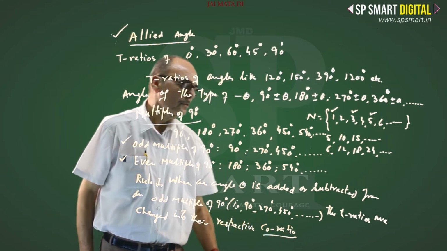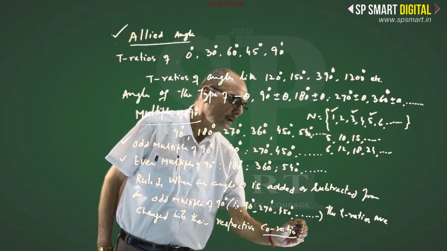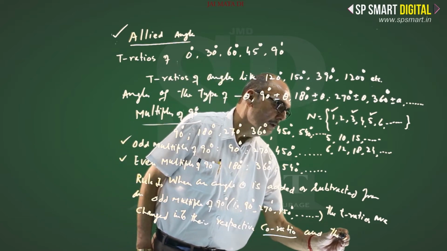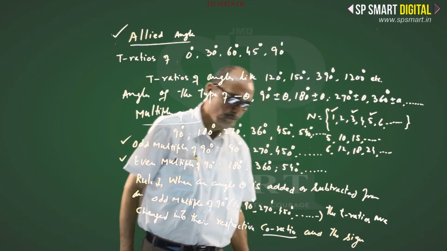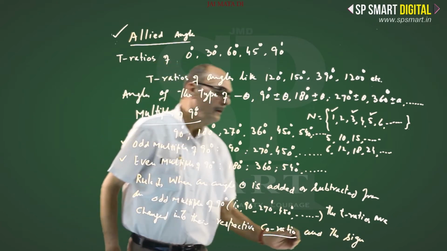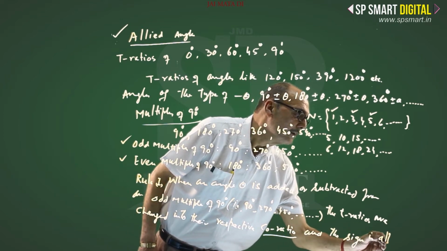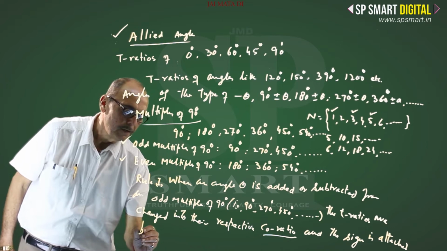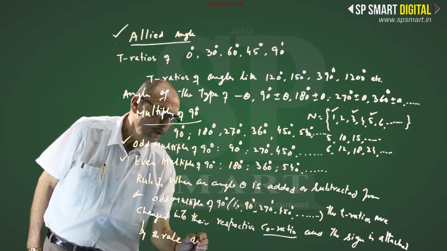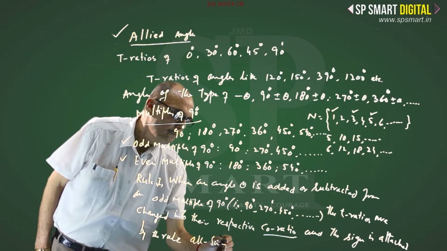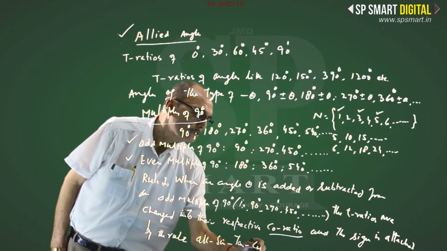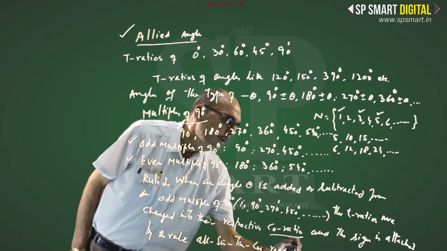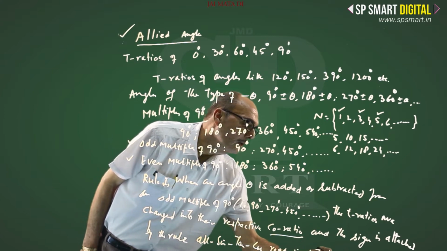Lay stress on these co-ratios, and the sign is attached by the rule all, sin, tan, cos, regarding theta to be an acute angle.